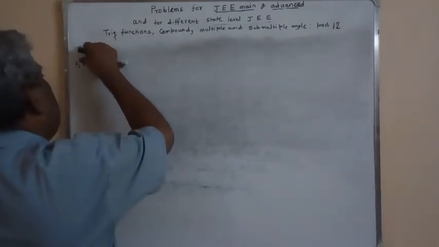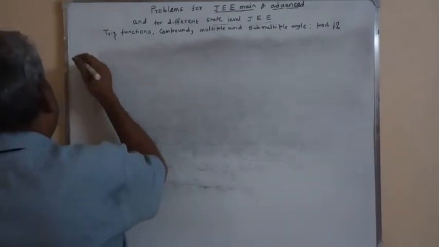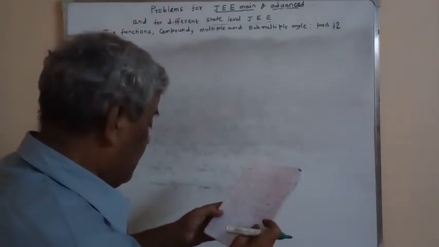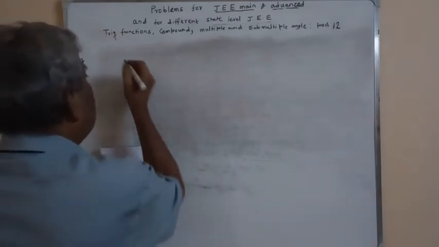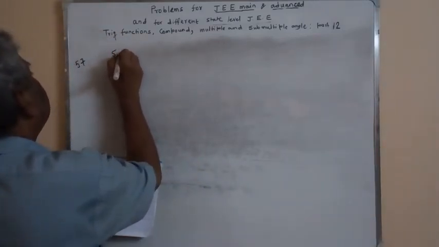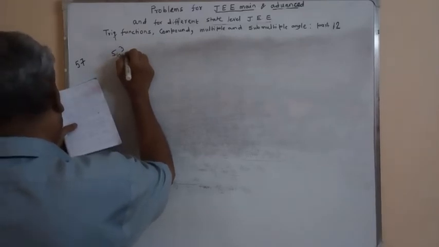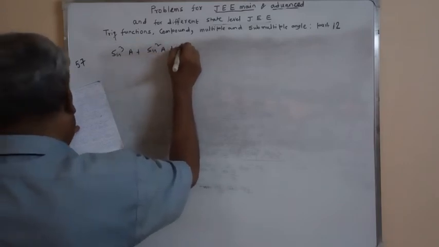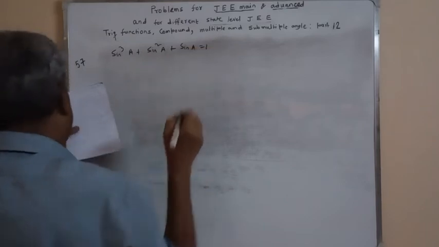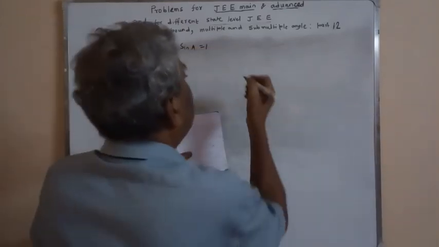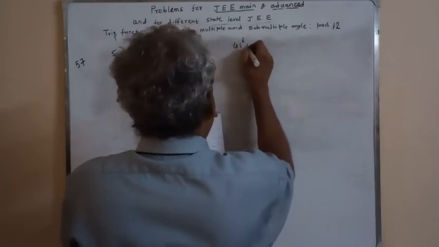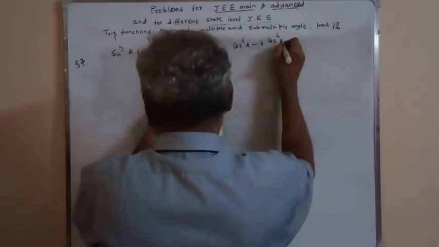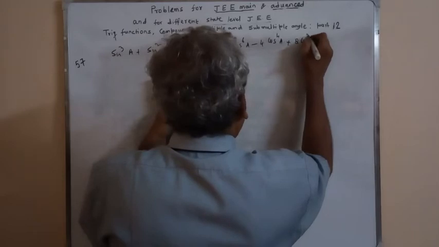The next problem is number 57. If sine cube A plus sine square A plus sine A is equal to 1, then what is the value of cos to the power 6A minus 4 cos to the power 4A plus 8 cos square A?